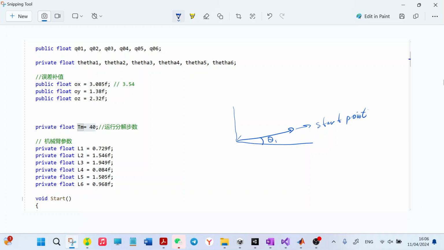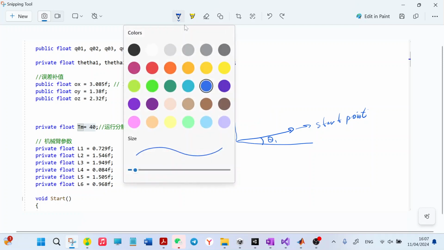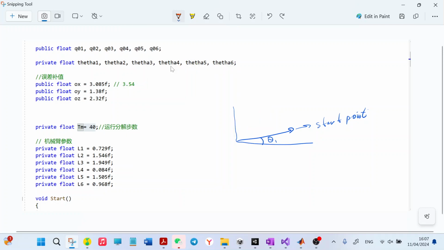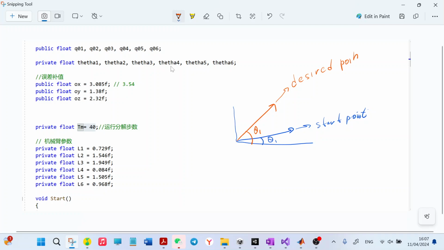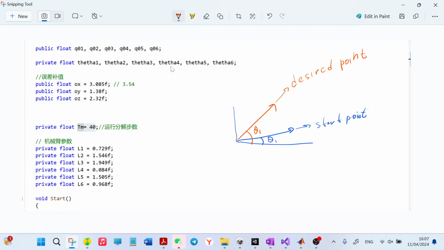And then we calculated something like this, that the robot should move to here. We'll draw another color. So it's also a new theta 1, this desired point. So between these, it should move to this position, our robot.